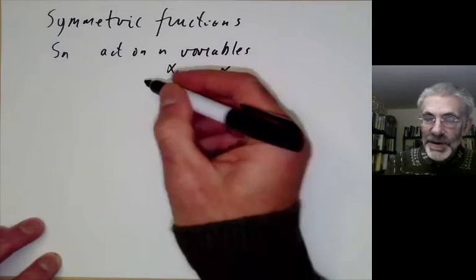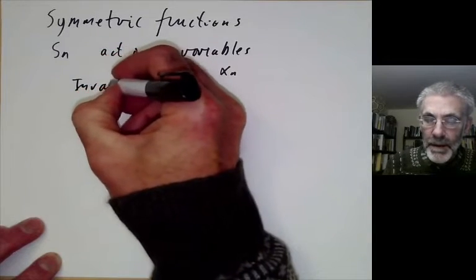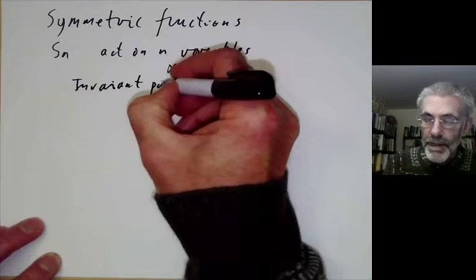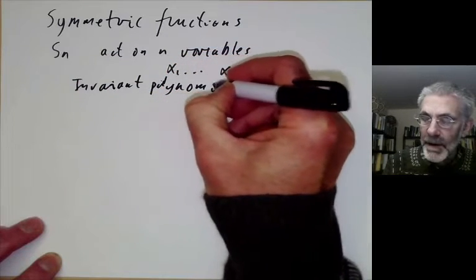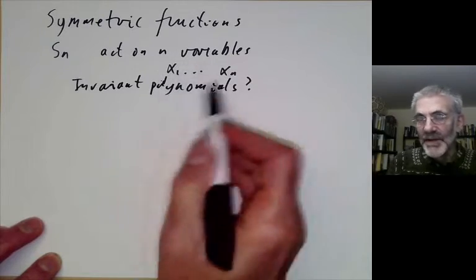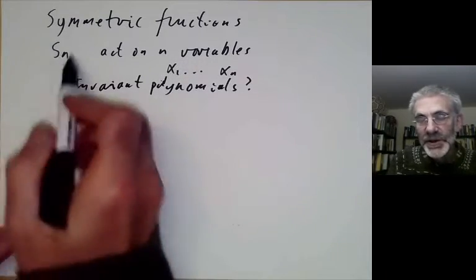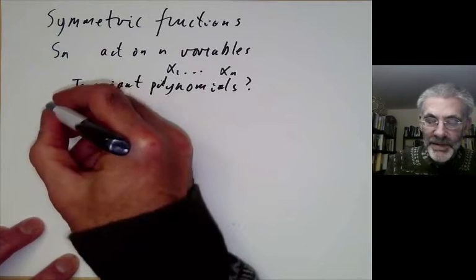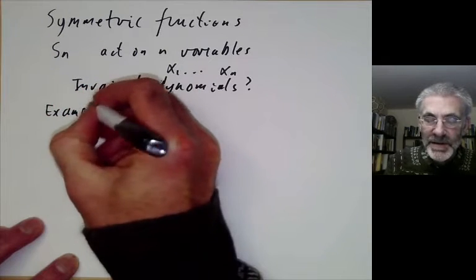And we want to know what are the invariant polynomials in alpha 1 up to alpha n. What this means is we want a polynomial in alpha 1 up to alpha n that doesn't change if you permute the variables. And there are some obvious examples.